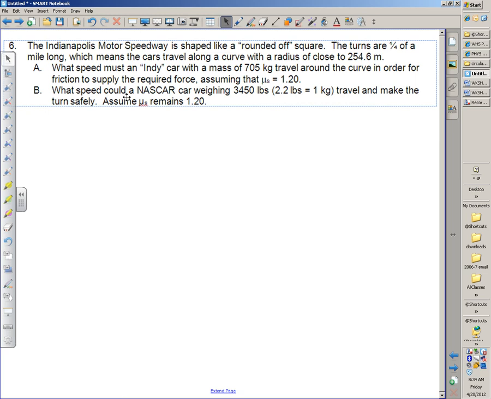Anybody ever been to the Indianapolis Motor Speedway before? Yes, I have. Is it exciting? It's all right. I used to live in Indianapolis when I was young. What else could happen besides going in a circle? Things can crash. There's always a crash.